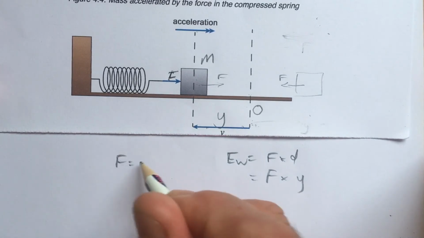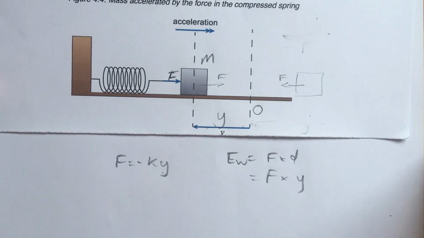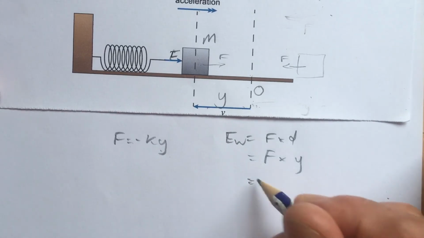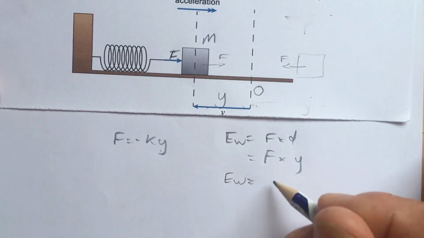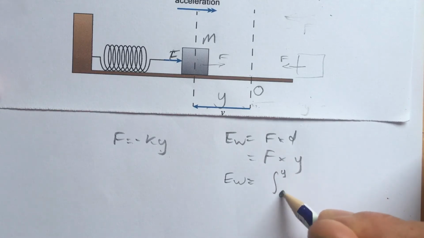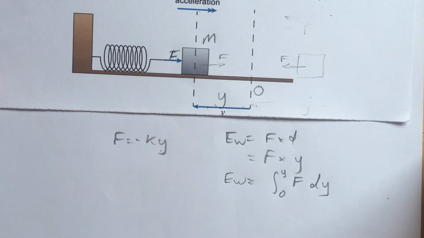Because F is equal to minus Ky, those two are variables, so you can't just multiply them and use work done that way. You can, however, use calculus, where the work done is the integral between y equals y and y equals 0 of the force with respect to displacement, and that will give you what you're after.